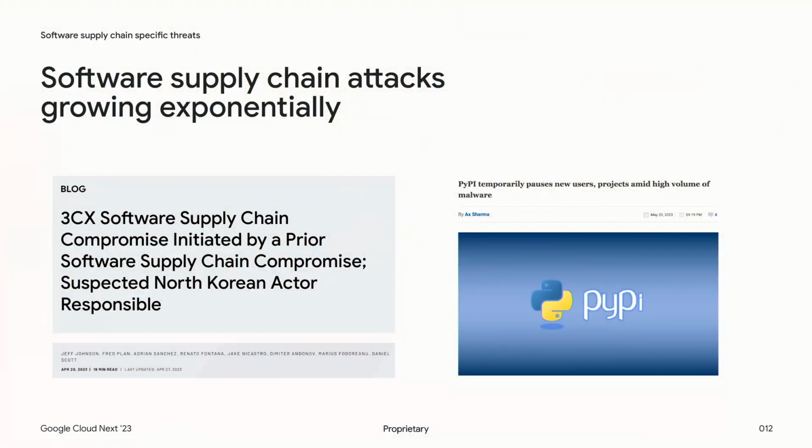I also want you to take a look at how these attacks are changing, becoming more sophisticated. There's more of an expression of creativity in them. For example, with 3CX, the threat actor was able to chain together multiple compromises. And then with PyPI, they deliberately overwhelmed maintainers with malicious packages to the point that the maintainers were not able to respond in time.